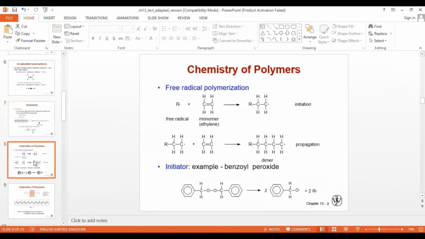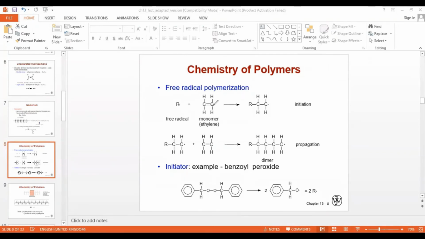Right. So now we will see how these polymers are forming. We have seen what a polymer is and what a formula is, but we didn't see how it is forming, the mechanism. All right. We see now how the formation of the polymer is happening. First one, free radical polymerization. So this is called free radical polymerization.